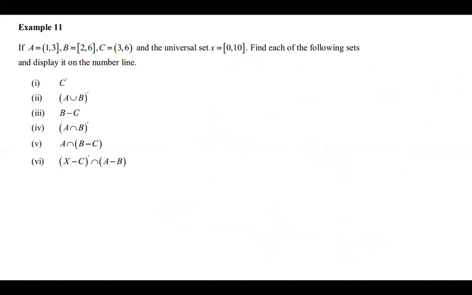All right, so B minus C. We all know that B minus C is simply the same as B intersection C complement.